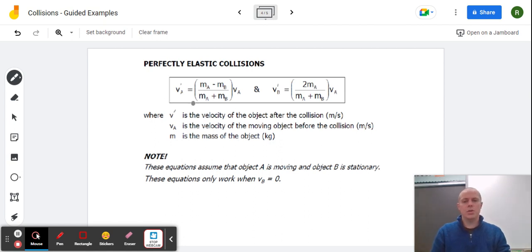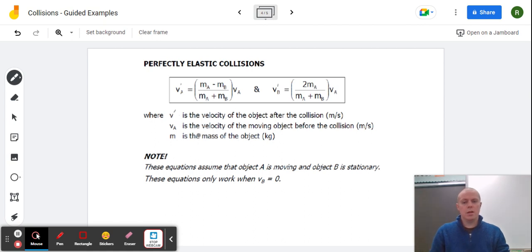So we have two objects that crash into each other and bounce off. And these are equations that can be derived from the fact that momentum and energy are both conserved at the same time. So VA prime, the final speed of the first object, is going to be based on this equation, and the final speed of the second object is going to be based on this equation.